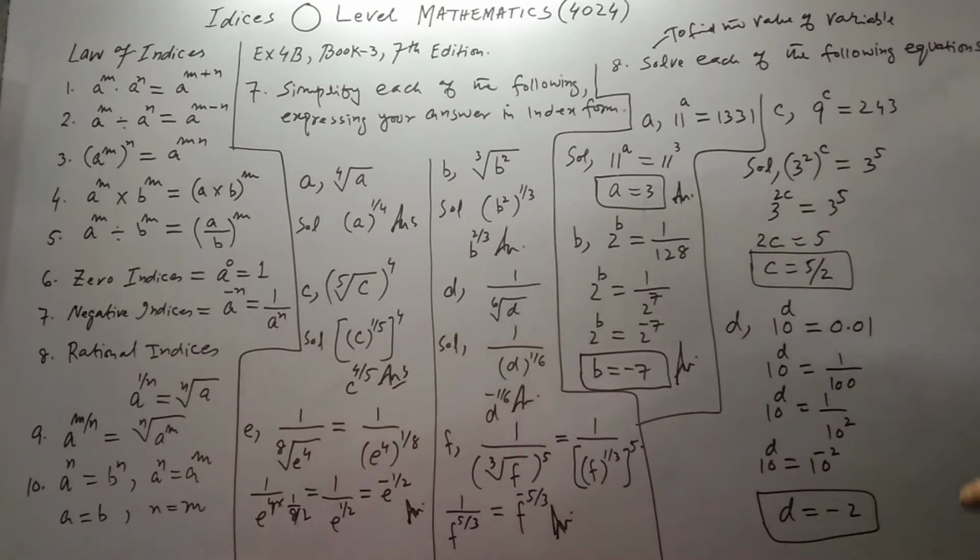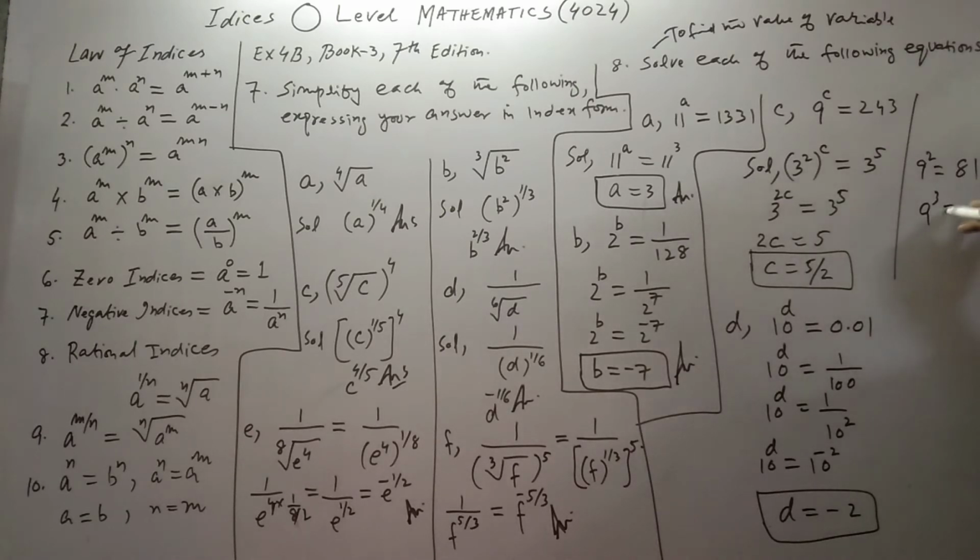Come to part C. 9 to the power C is equal to 243. Now in this case, there is no 9 to the power something that is 243. 9 squared is equal to 81. 9 to the power 3? 81 into 9 is 729.